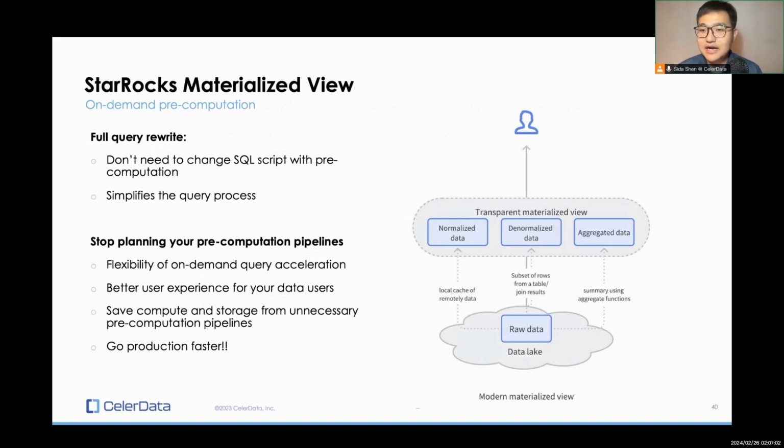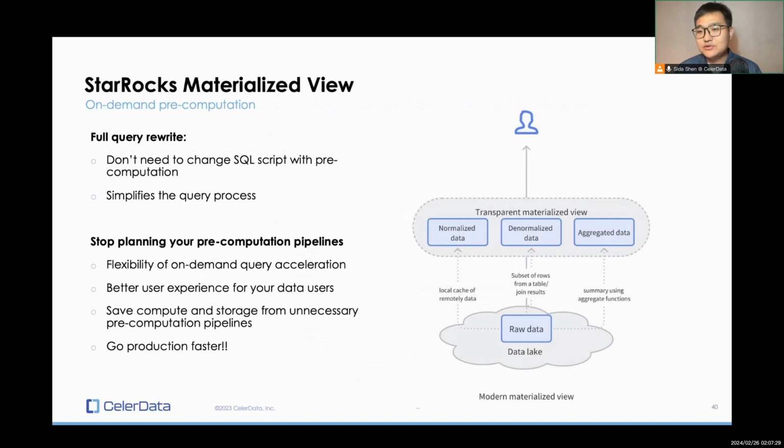The meaning of that is that because the materialized view is also managed by StarRocks, during a query, the query can be routed automatically to the most suitable materialized view for query acceleration. So you don't have to rewrite the SQL yourself. And this one feature alone greatly enables on-demand pre-computation.